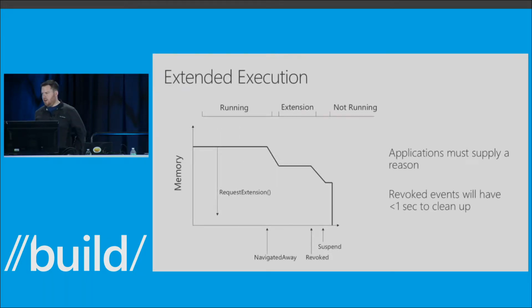The other option is to call extended execution at some point while your app is running in the foreground, not during the suspended callback event. This could be if you know ahead of time that you're going to want to continue running in the background. An example using the reasons I showed you before is background location tracking.